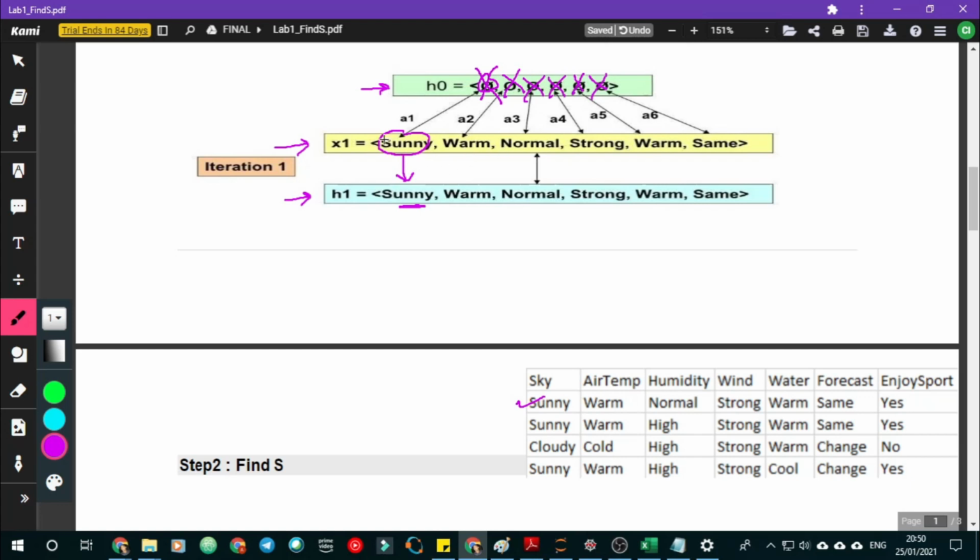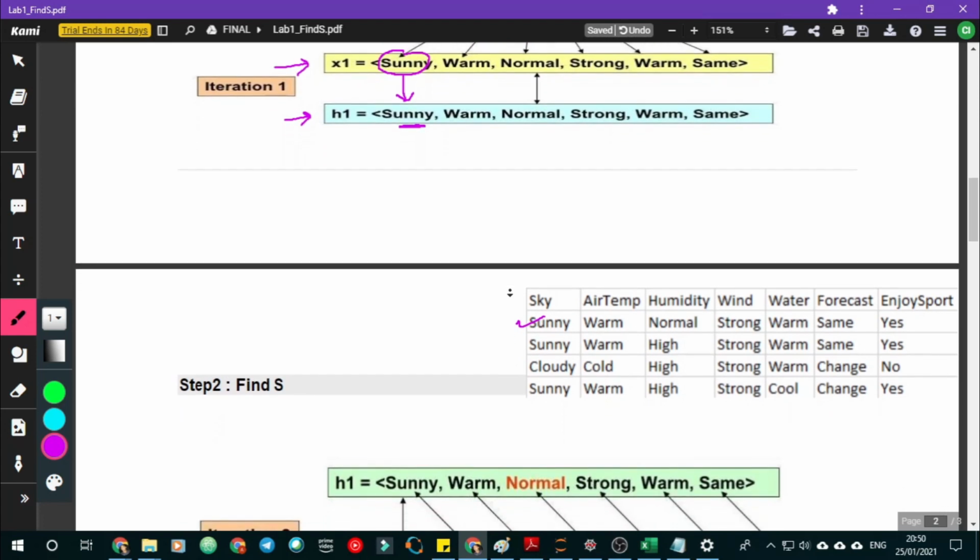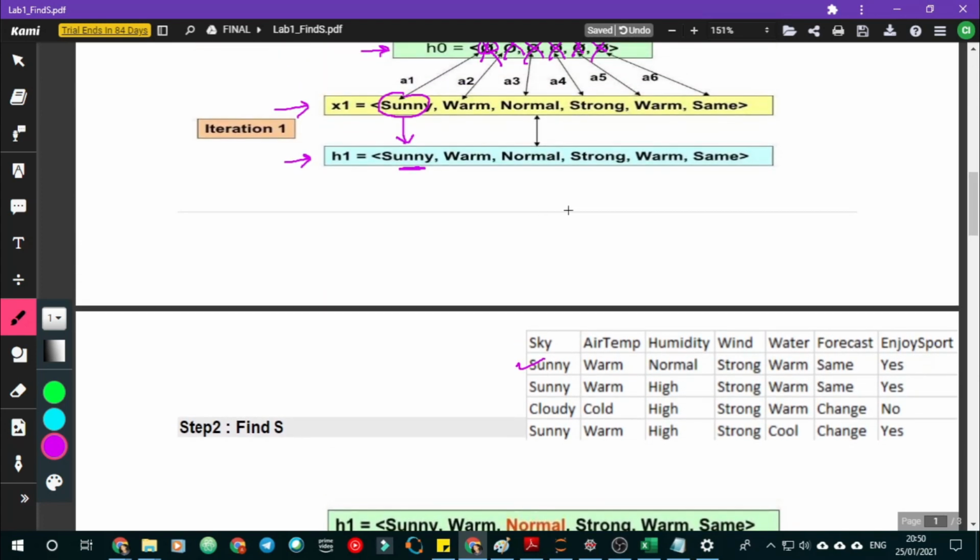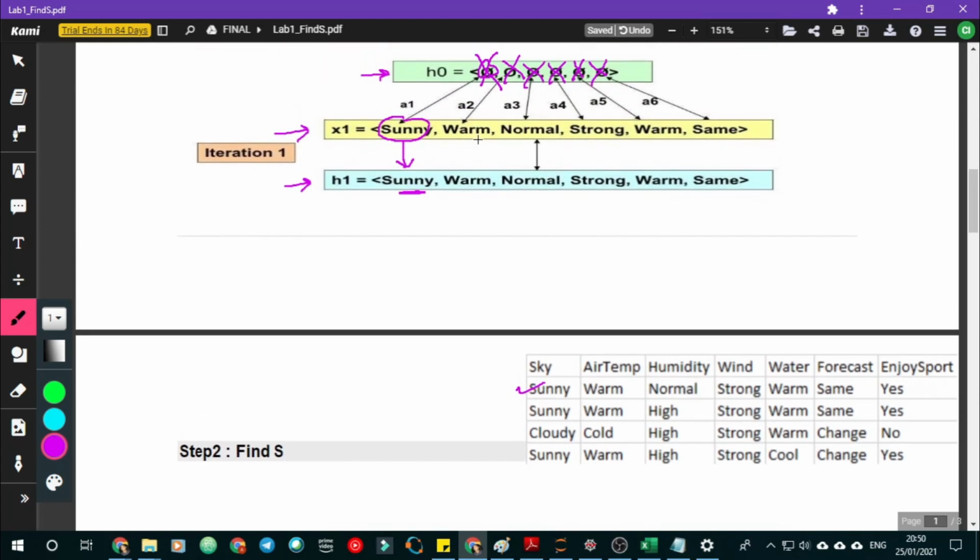In the sense, whatever the value in the present data sample, that will be the specific hypothesis. This is after reading the first data sample. And why did we read this first data sample? Because its outcome is yes.